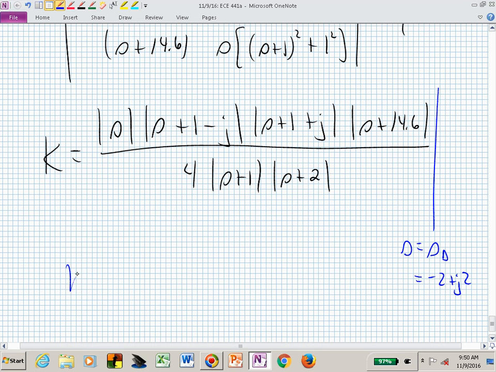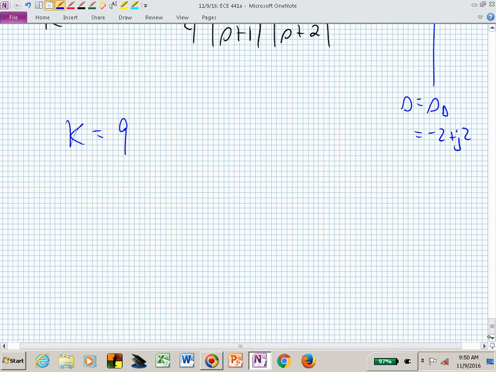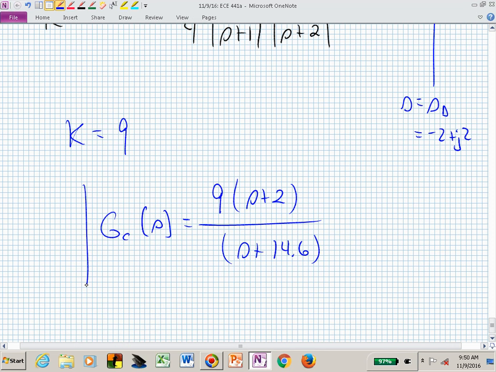If you do that, you end up with K equaling about 9, so that our controller is now designed. Our phase lead controller is now 9 times the zero factor divided by the pole factor, and that will produce dominant closed loop poles at minus 2 plus and minus j2 by design. And we'll pick up with a different design on Monday.